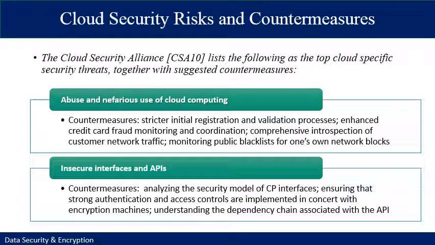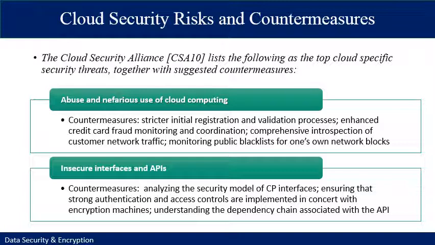The other threat is insecure interfaces and APIs. Cloud providers expose a set of software interfaces or APIs that consumers use to manage and interact with cloud services. The security and availability of the general cloud services are dependent upon the security of these basic APIs.